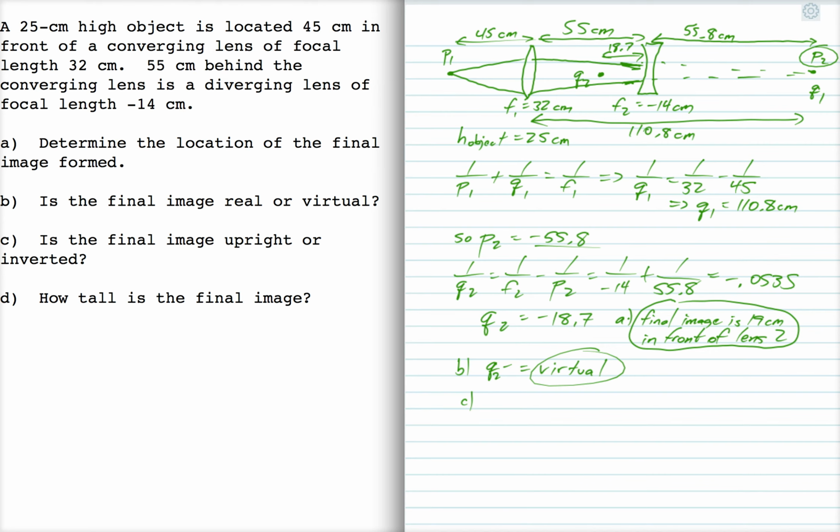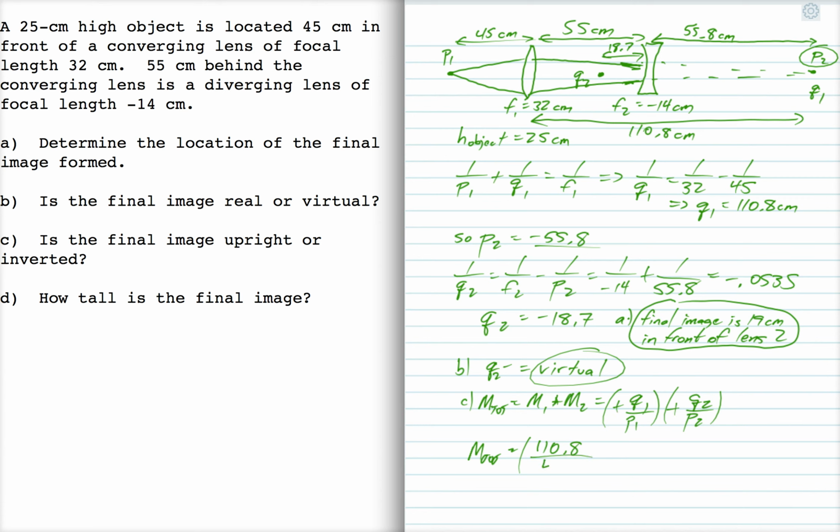For part C, well, to find out if the final image is upright or inverted, we have to calculate the magnification. So let's do that. The total magnification is equal to the magnification from lens 1 times the magnification from lens 2. So that's minus Q1 over P1 multiplied by minus Q2 over P2. Okay, so M total, let's see, Q1 is 110.8, and I'm just going to get rid of these minus signs.